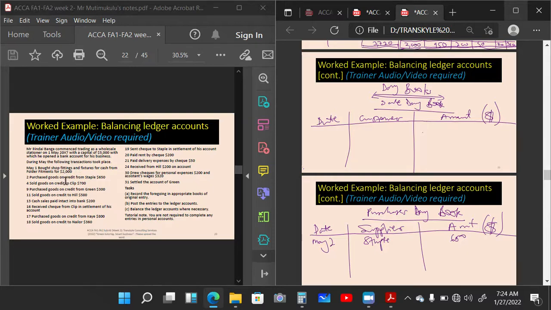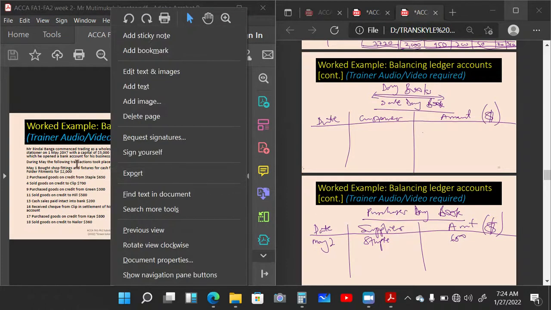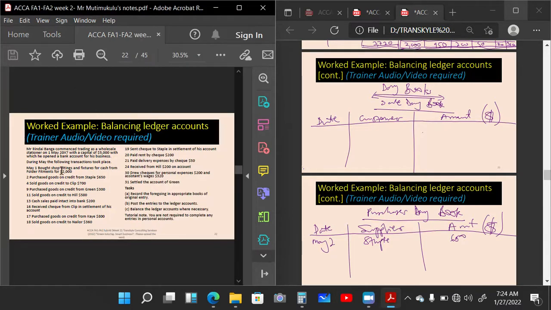We want the information to supply our day books. Purchased goods on credit, we did this one, we coded it here, fine. Sold goods on credit to Clip, 700. So we just have to slot in the information for Clip. When was Clip's transaction?